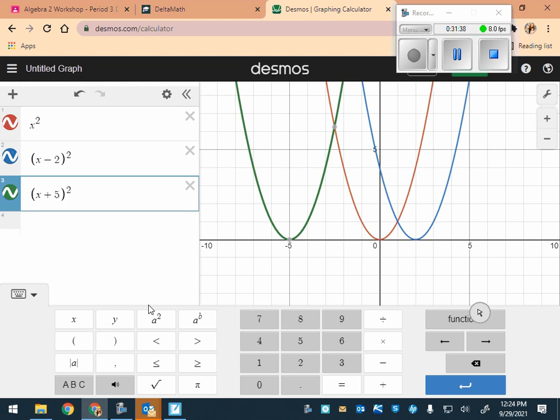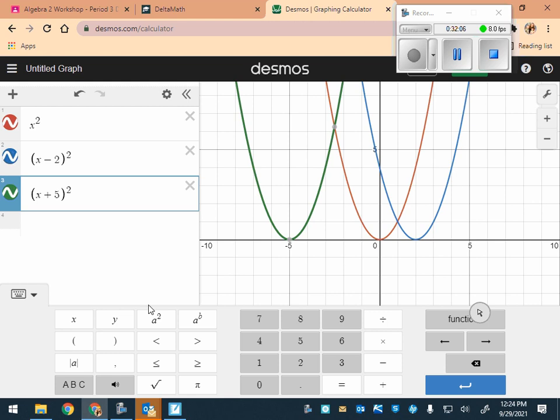Okay? So we did changes in shape. We did changes in x, which is left and right. What's one thing that we haven't done yet? Changes to y, meaning what? Okay.